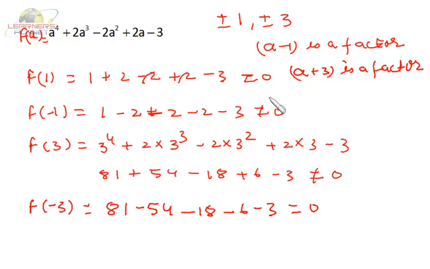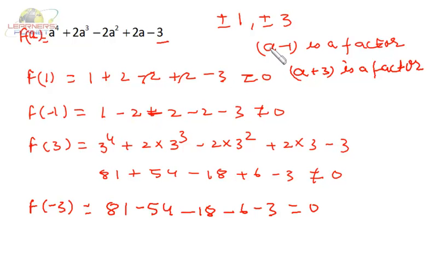Now there is a tedious situation over here. We are just having 4 choices with us for the constant term, and out of these, 2 are already eliminated. That is, if we put a is equal to minus 1 and a is equal to 3, we are not getting 0.